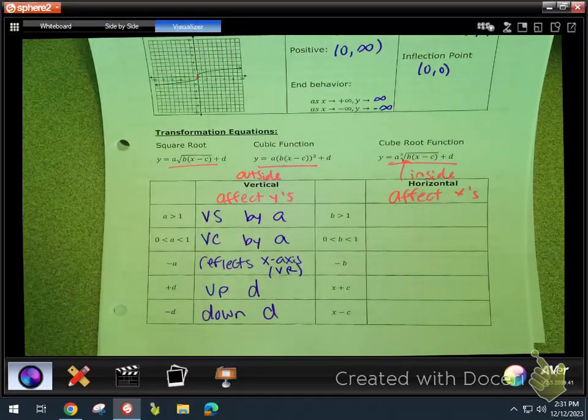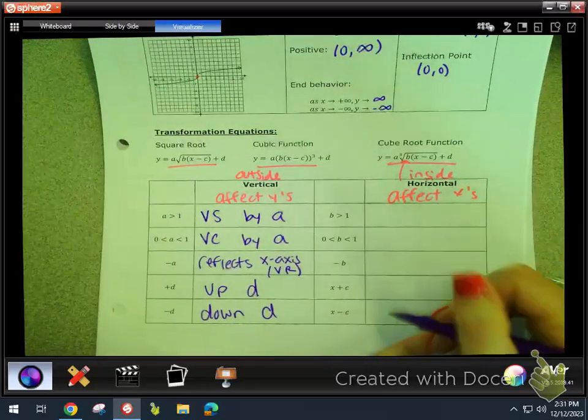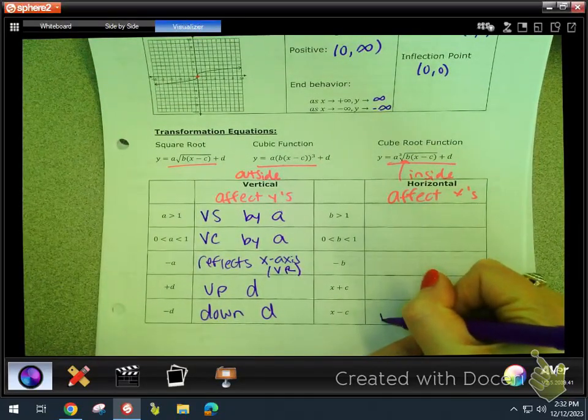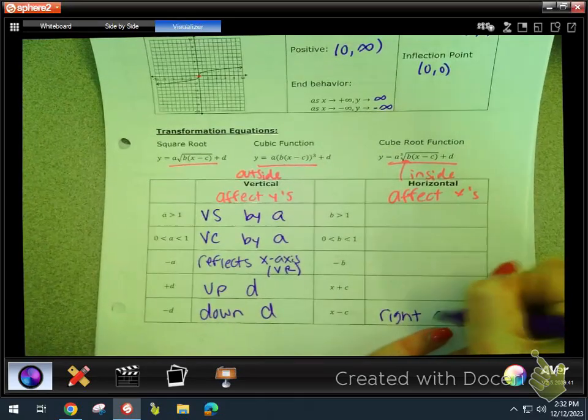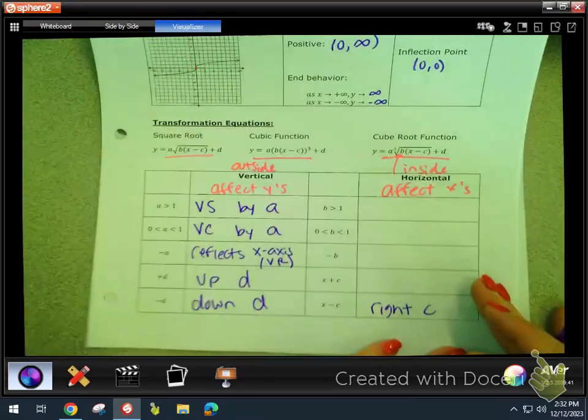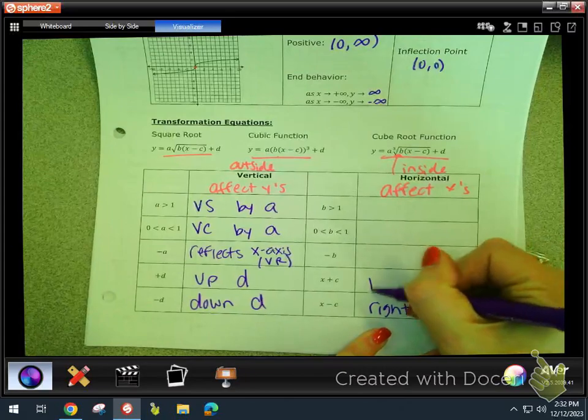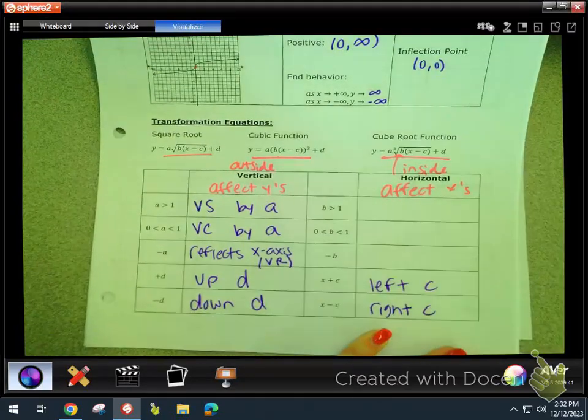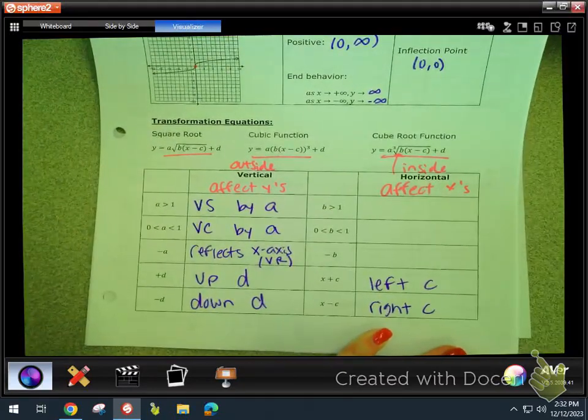C's on the inside, those are your horizontal slides. Those are opposite though. Inside's always opposite. So if it's x minus C, then you're really moving to the right, and a plus C, you're moving left. B's are the tricky ones. They have to be factored out. They're also the reciprocal.